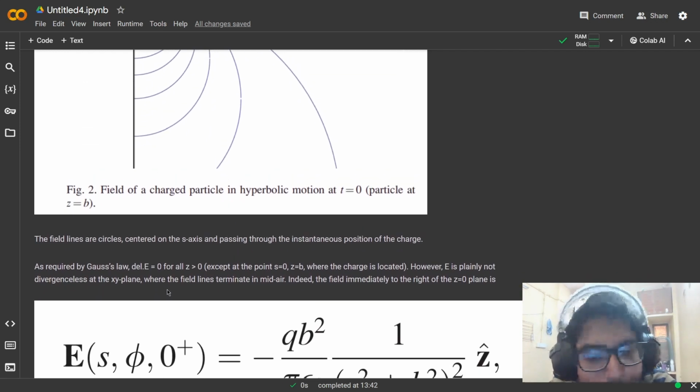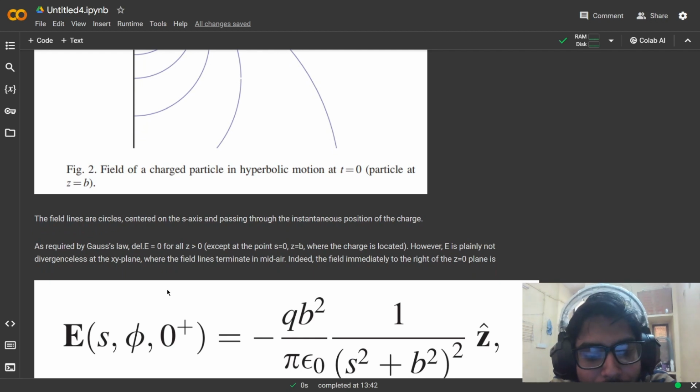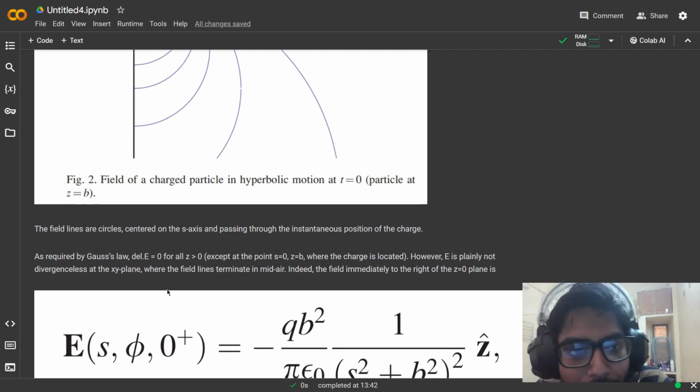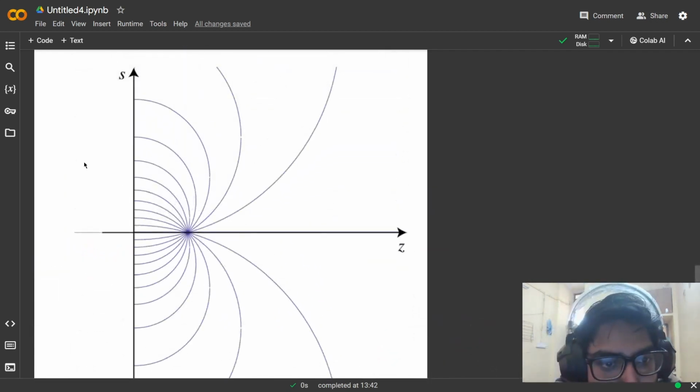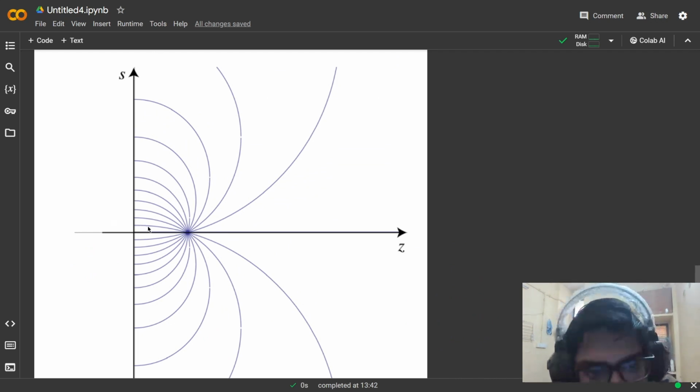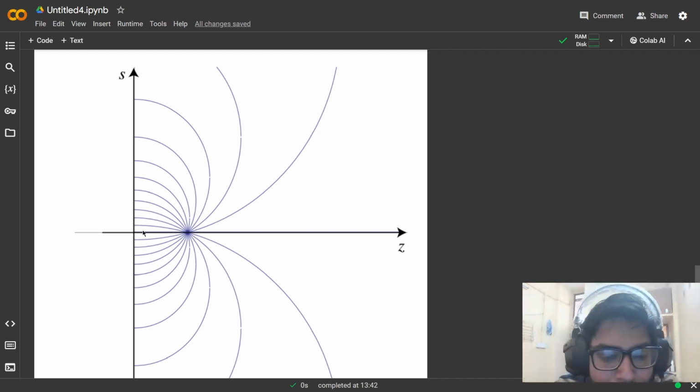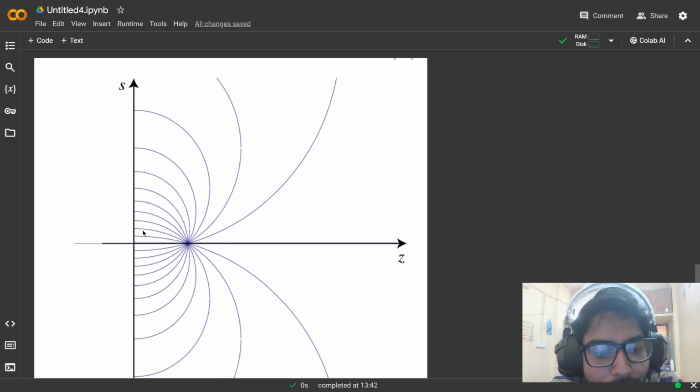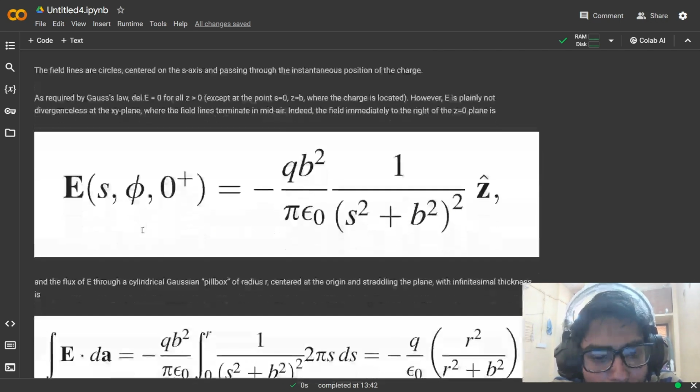We say let us consider just to the right of the xy plane, which is perpendicular to the z axis. Suppose we are right here, at a very small distance from the origin. Then we find the electric field.